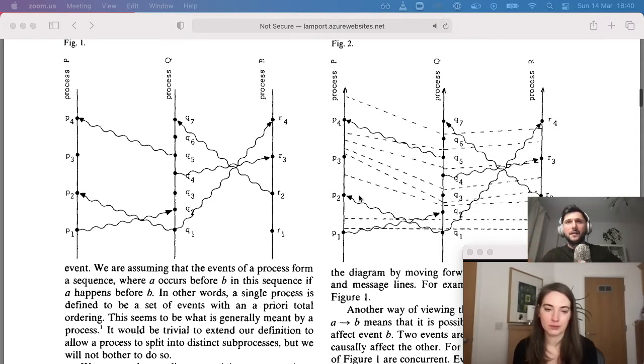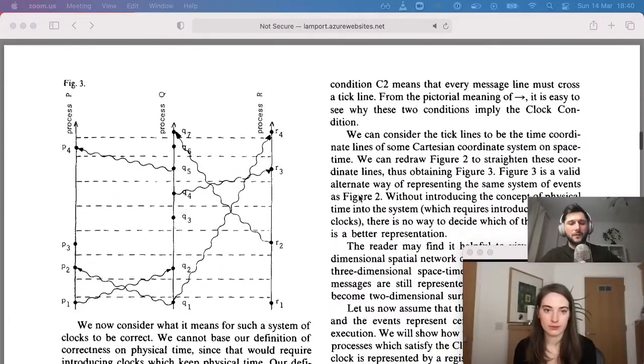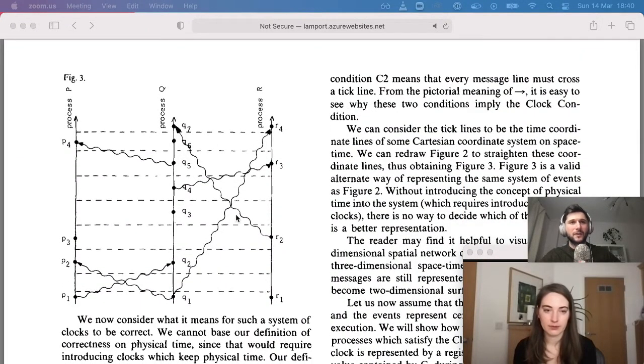And even though this diagram would show that P3 happens before Q3, when you look at the normalized diagram, you can see that P3 actually happens before Q3, and in diagram 2, P3 looks like it happened before Q3.